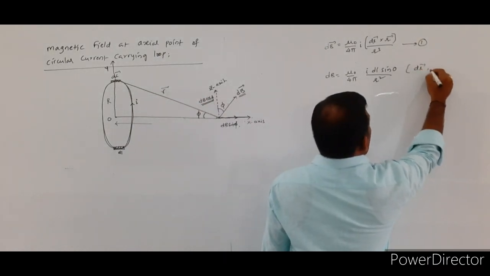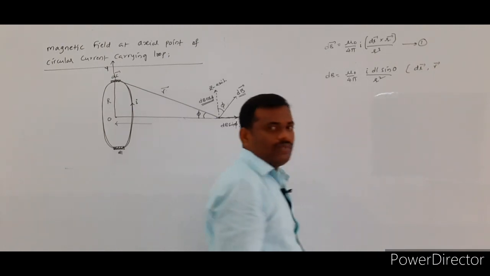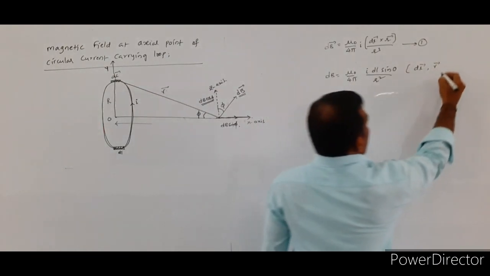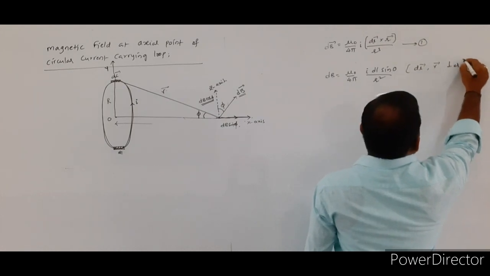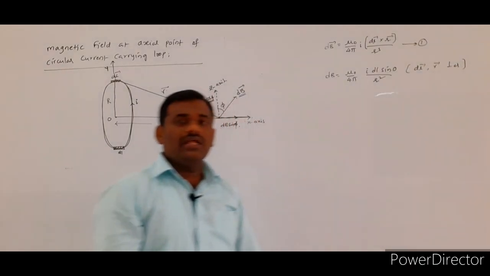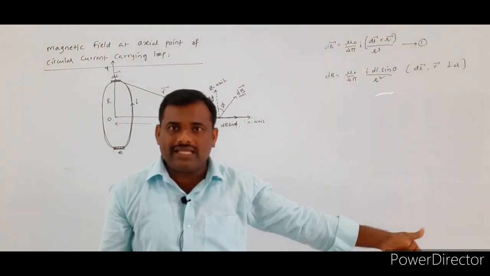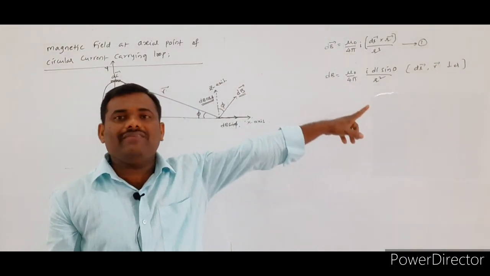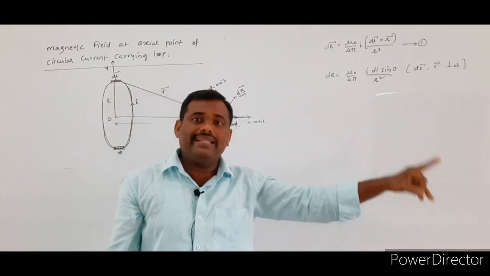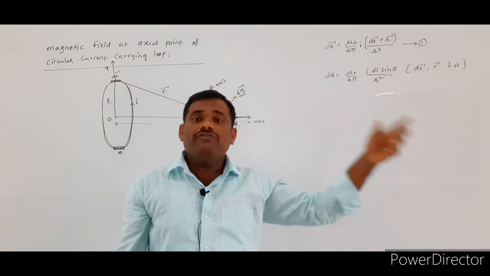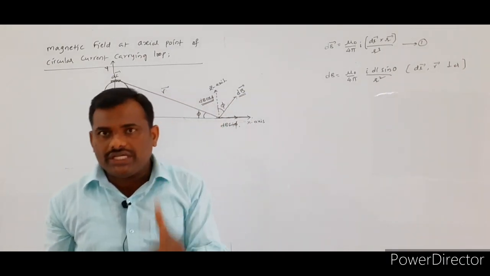Because here, the dl bar plane and the position vector plane are perpendicular to each other, because the dl plane will be existing in the yz plane, and the position vector r bar plane will be existing in the xy plane. That means those two terms are present in different planes which are perpendicular to each other.